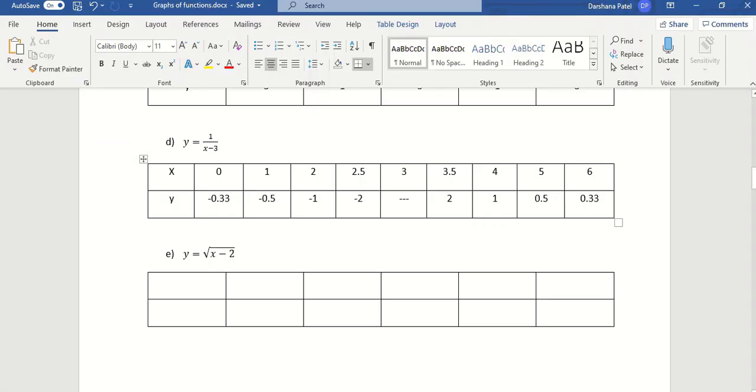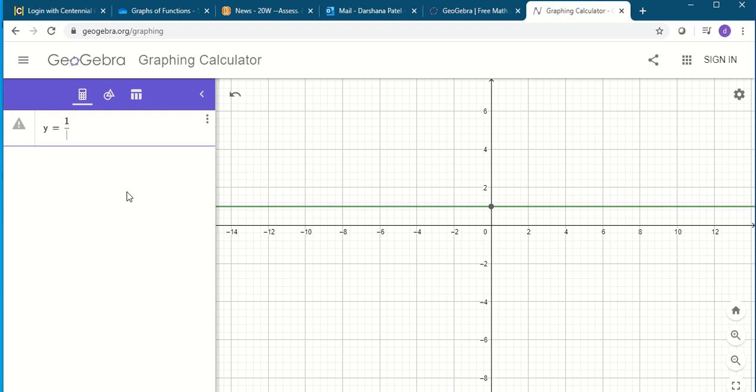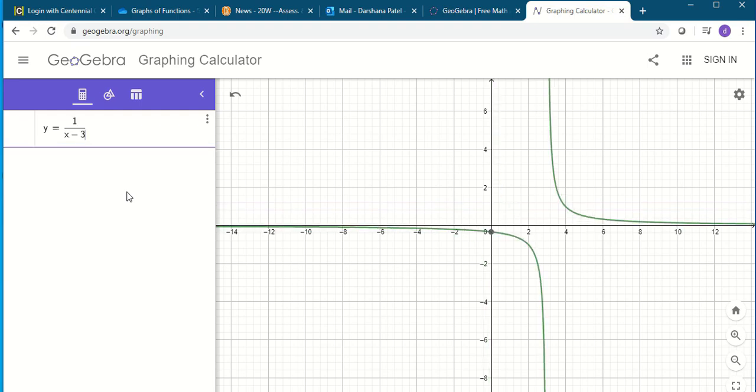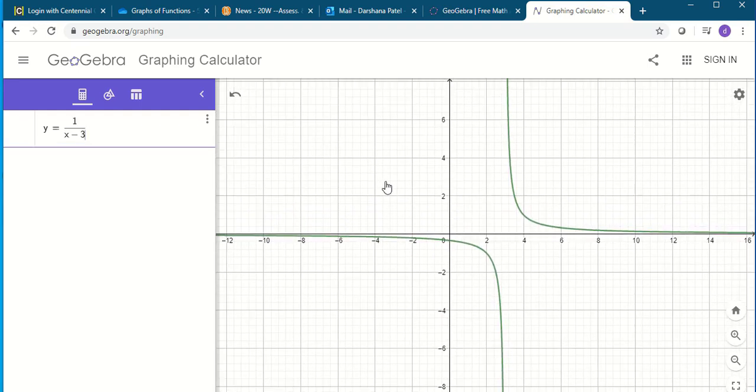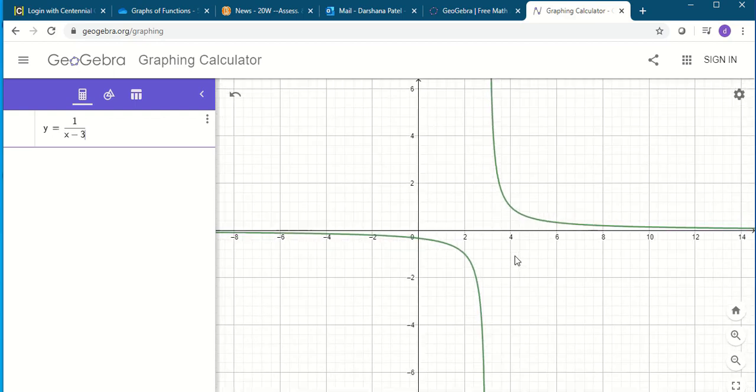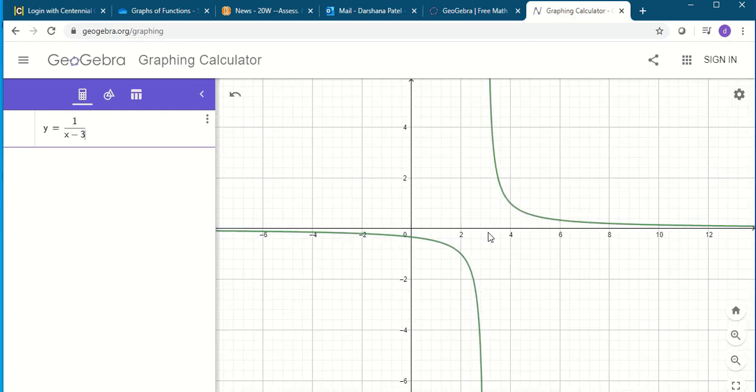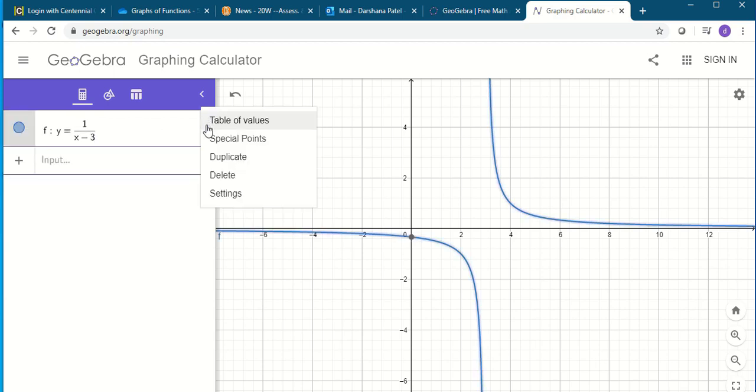Y equals 1 over x minus 3. And here, as you can see, your graph is trying to go closer and closer to 3, but there is an asymptote there. On paper, we'll draw a dotted line going through 3, meaning that the graph is not allowed to cross it. Okay.